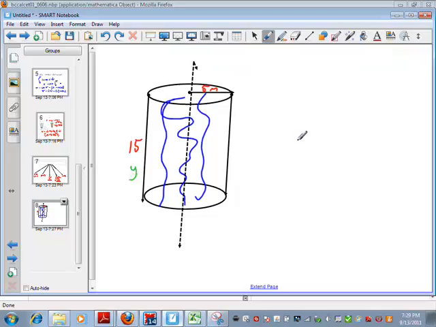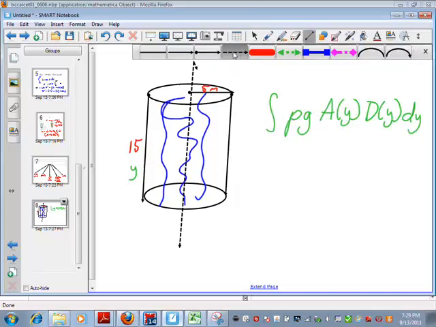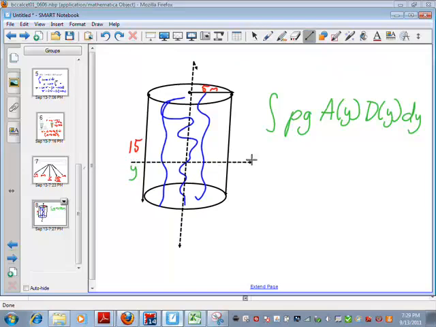All right, now we need the integral from somewhere to somewhere. Rho g, the area at that particular y, and the distance, we need to pick it. It's a cylinder, so when I slice it like this, what object is it? When I slice through it and then look at it, it's a circle for sure.